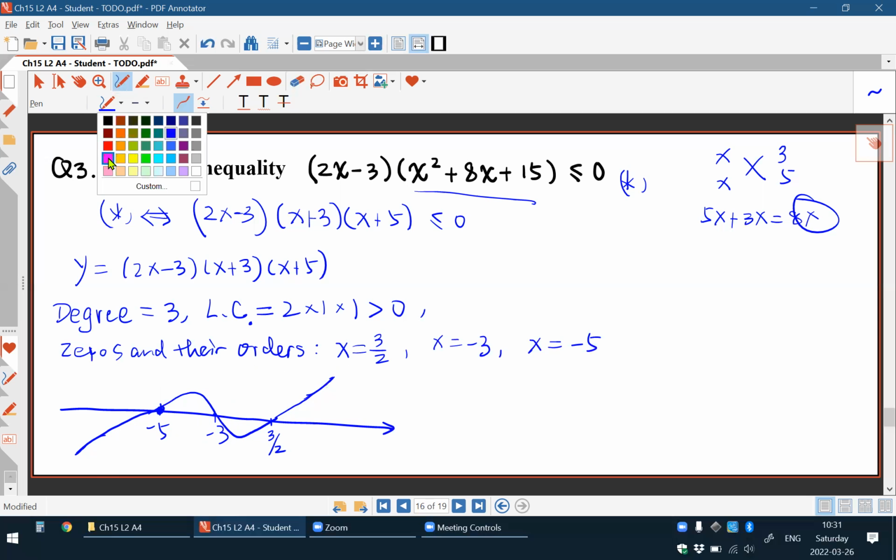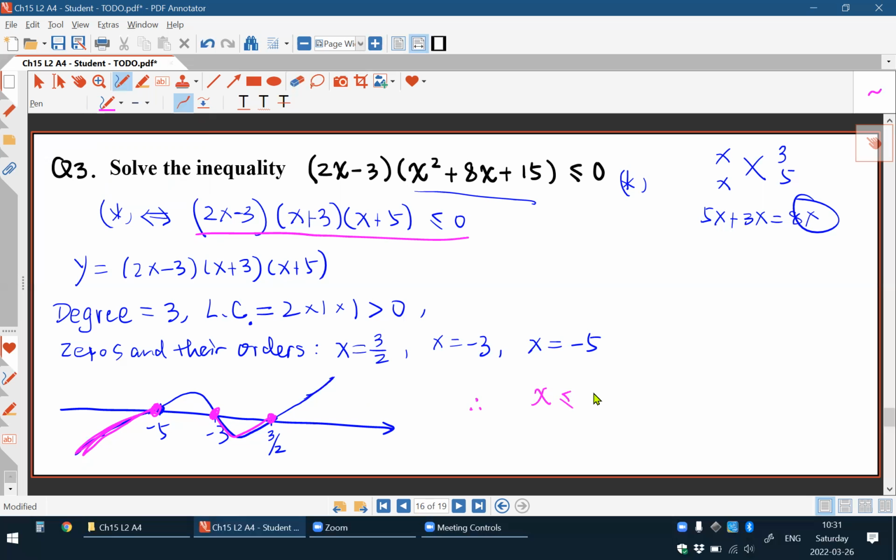Then remember that our task is to find any interval that makes this function less than or equal to 0. Okay, so less than or equal to 0 means this is a possible interval, and there is another possible interval here, right? Therefore, the solution is x is either less than or equal to -5, or x is greater than or equal to -3 and less than or equal to 3/2, right?